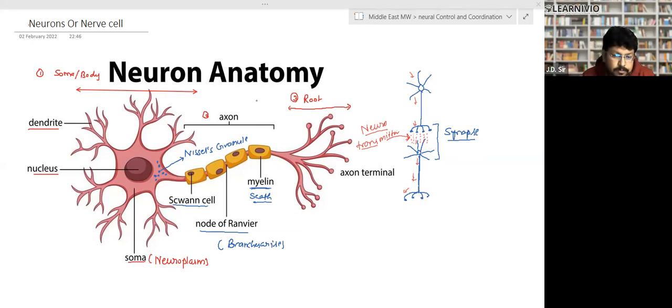Full stop. Neuron is the longest cell of the body.